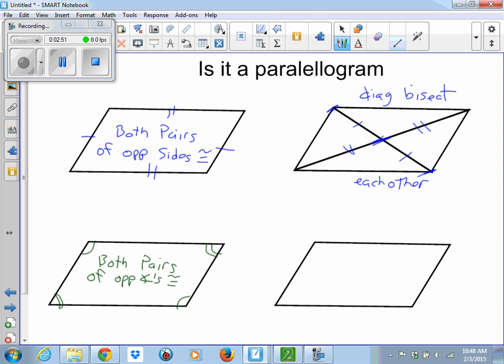The last one, it's a little bit tricky. If we know these are parallel, and that could be from their slope, or they could just tell you, and then we also know that they are congruent. So if we know that they're parallel and congruent, it has to be the same side. These two sides here are parallel and congruent, then you can also say that it is a parallelogram.